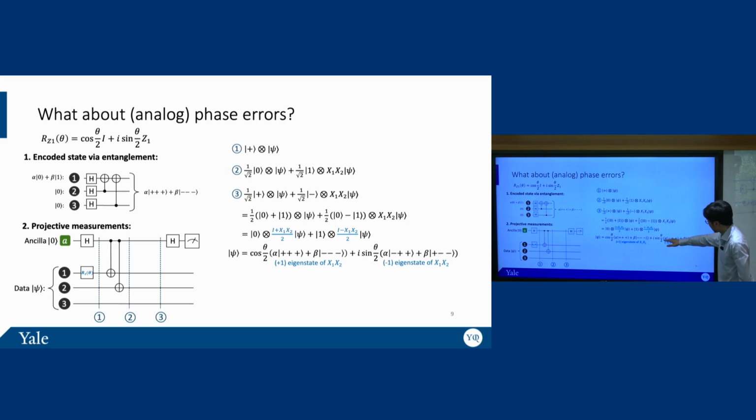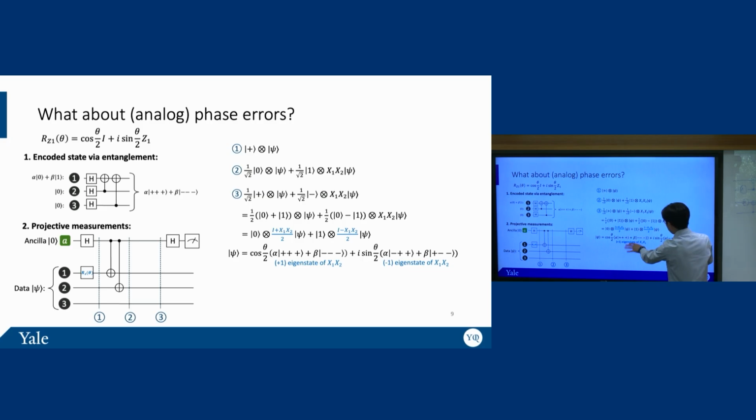In other words, if you look closely enough, this is essentially the error state if you experienced a z flip in the first qubit, right? Okay, so that's nice. We have grouped into a superposition of the logical ideal state plus an error state, a z flip state.